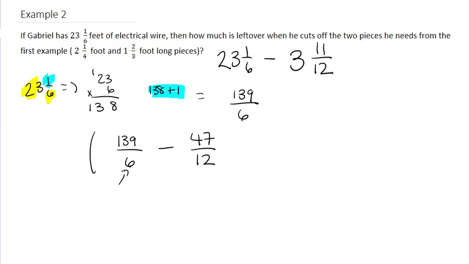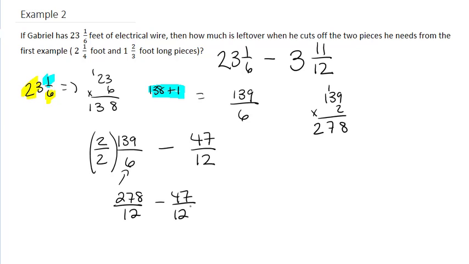To get from 6 to 12, we're just going to multiply the top and bottom by 2. So we have 139 times 2. 9 times 2 is 18. Carry the 1. 3 times 2 is 6, plus 1 is 7. 2 times 1 is 2. So then we're left with 278 over 12 minus 47 over 12.